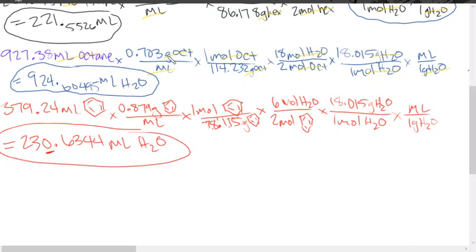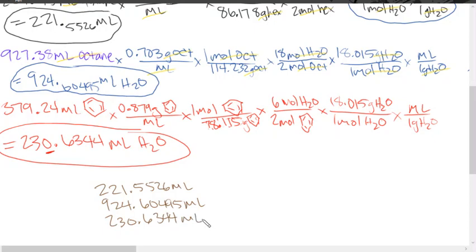Okay, so we need to add these 3 together. So I'm going to go ahead and do that down there because up there it was looking pretty cluttered. Okay, so it's going to be 221.5526 milliliters plus 924.60495 milliliters plus 230.6344 milliliters.